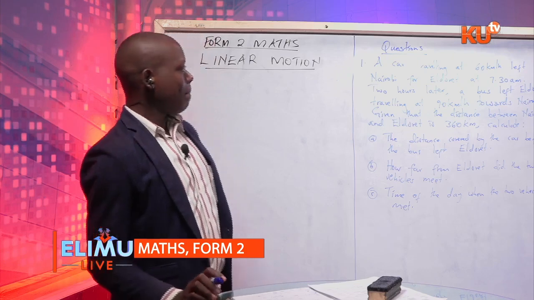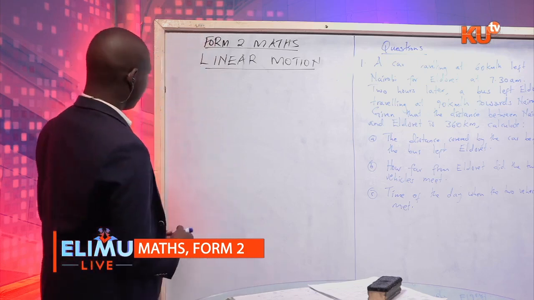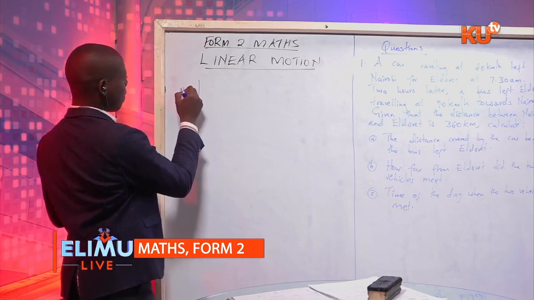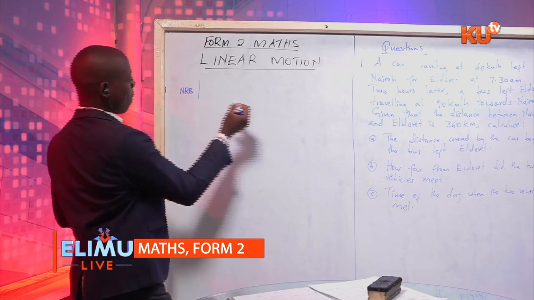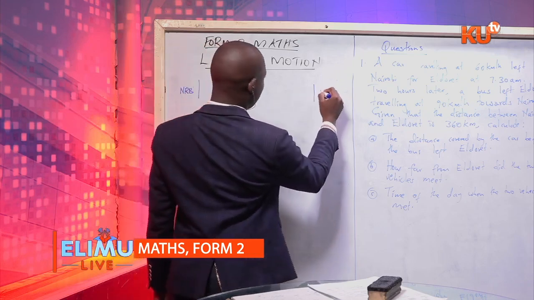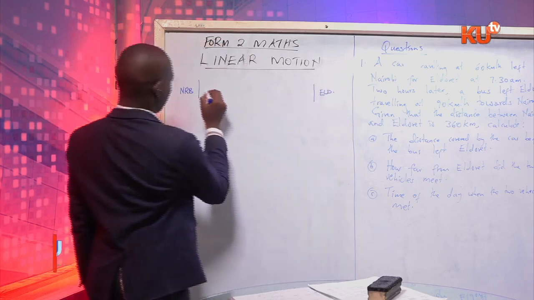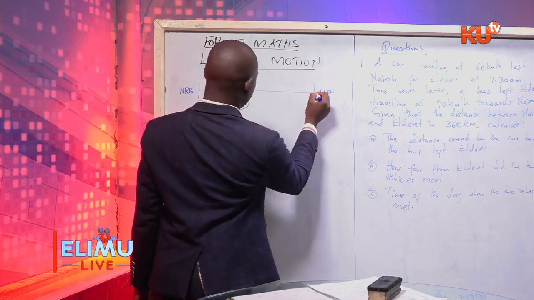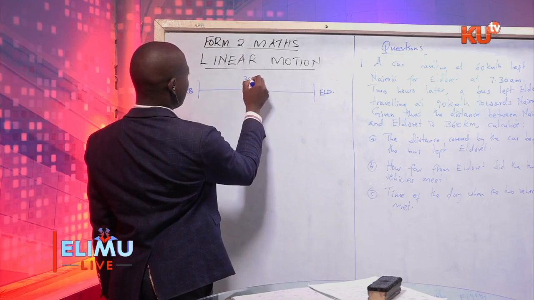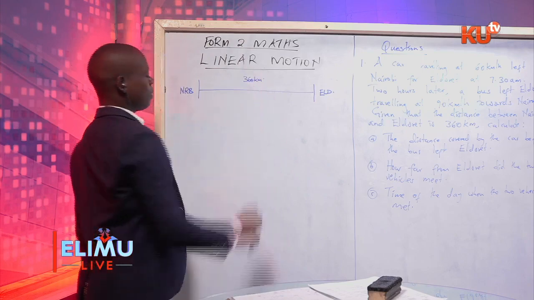So this is a car, and let's assume that this is the location of Nairobi, and let's have this as the location for Eldoret. If these are the two points, then we are talking of a distance of 360 kilometers.